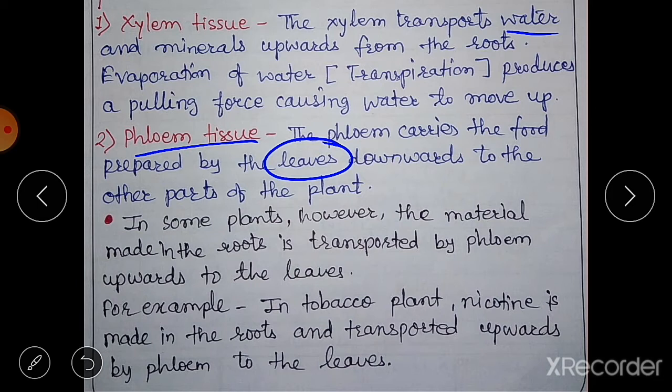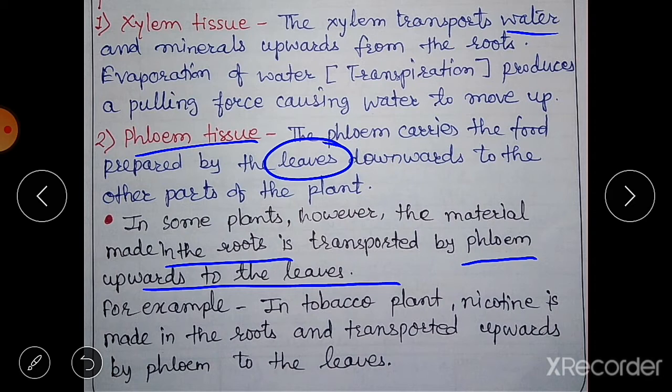Okay, but there are some exceptions. In some plants, the material made in the roots is transported by phloem upwards to the leaves. Whatever material is prepared in the roots is transported by phloem to the leaves.